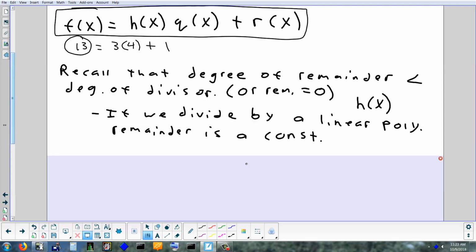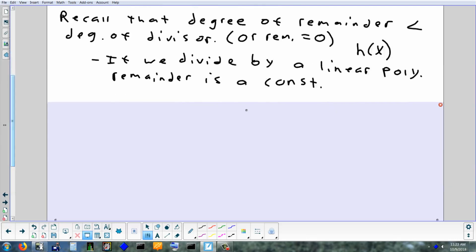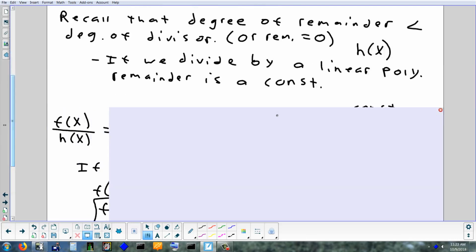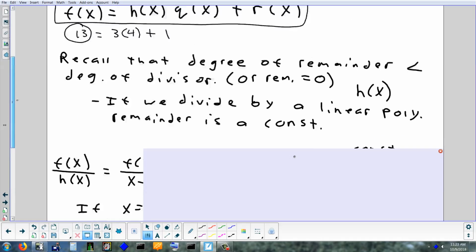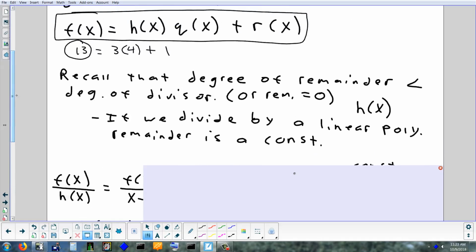What's linear? x minus 2, x plus 7, y minus 3. You're dividing by something that's just a letter plus or minus a number. Alright, let's look at this. So let's say I divide two polynomials, f of x and h of x.